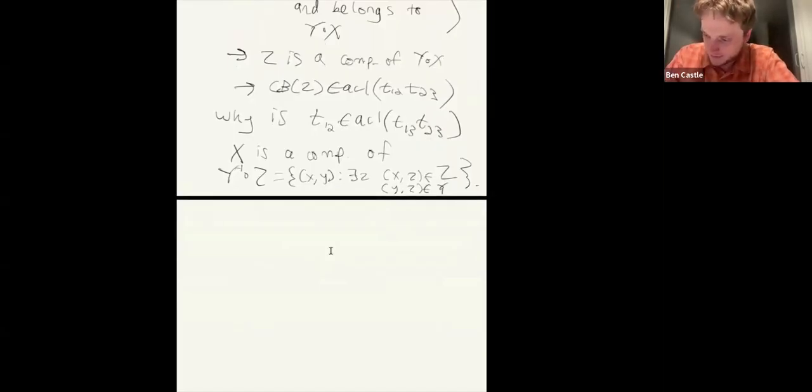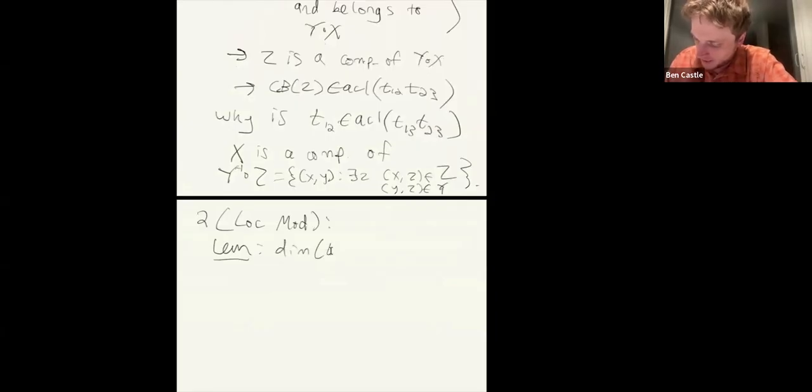And then the second lemma is the application. What does local modularity tell us? Well, it tells us the following. Given such a configuration, the point T13, this last point that we added, the most confusing point, has dimension at most 1.